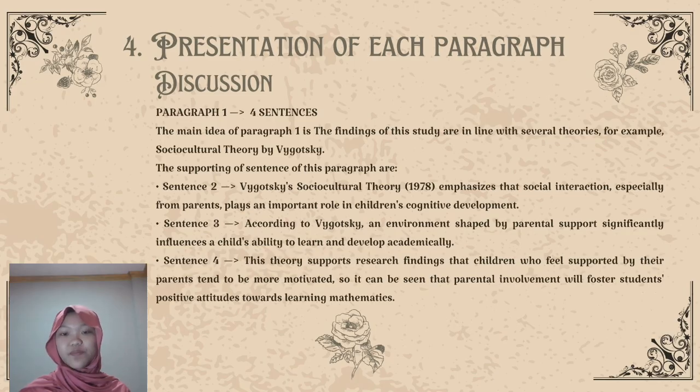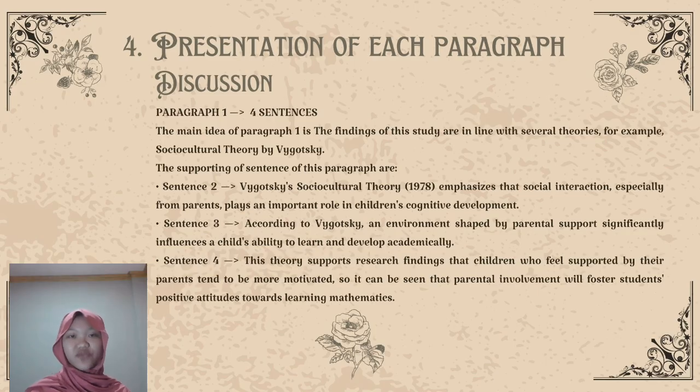1978 emphasizes that social interaction, especially from parents, plays an important role in children's cognitive development. In sentence 3 contains, according to Vygotsky, an environment shaped by parental support significantly influences a child's ability to learn and develop academically.